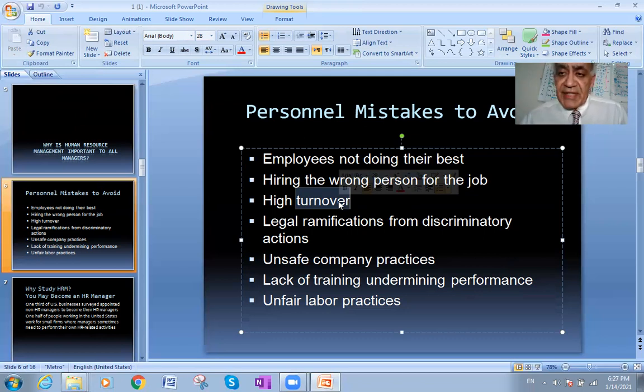Another reason for the high turnover is if there is stress in the organization. If I find more stress, then I will look for a job in another place. If the job duties are not clear, this is another reason.